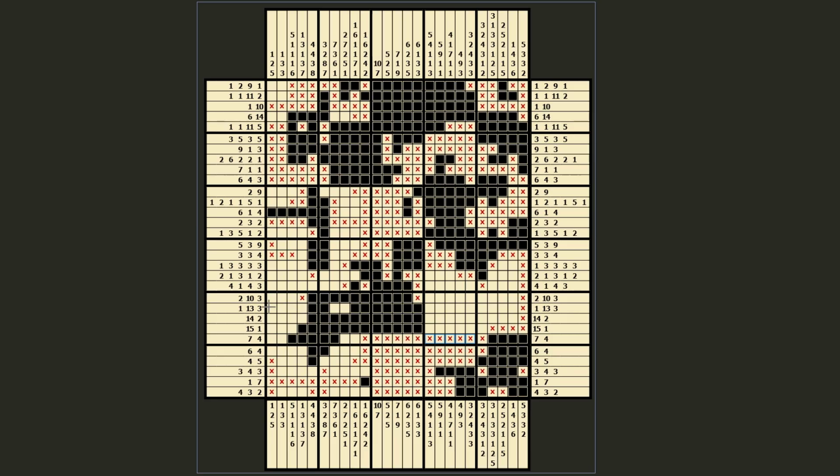Alright, let's move on. This 2 segment has to be part of this 13. Which means this is the 5 from here. So the 6 is over there. Yes.